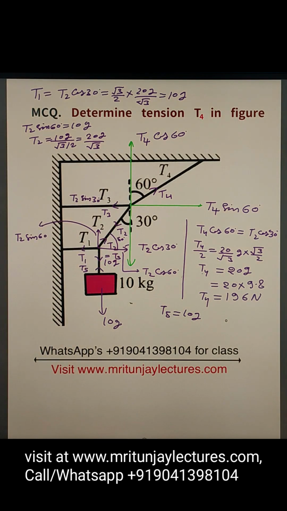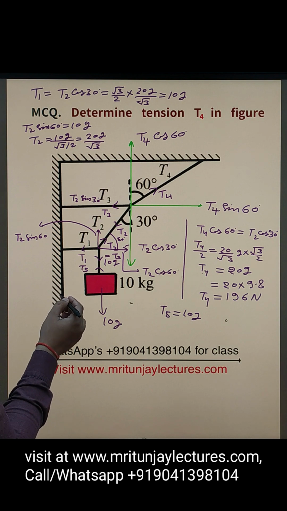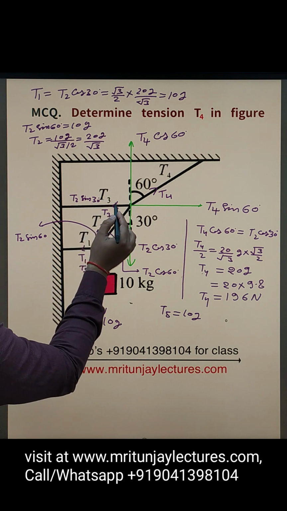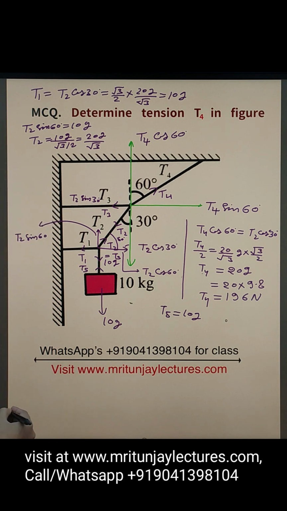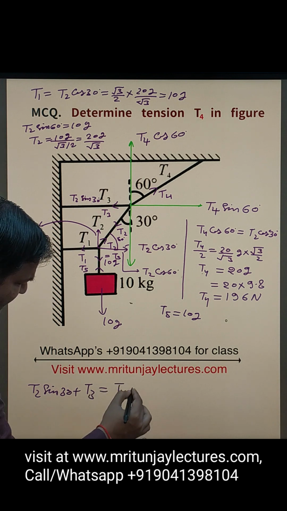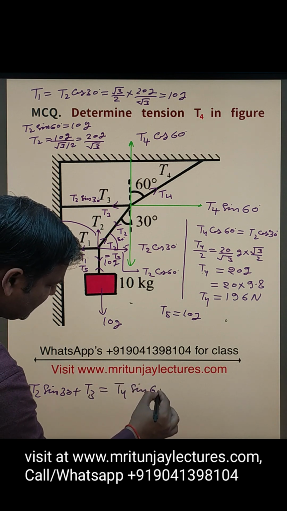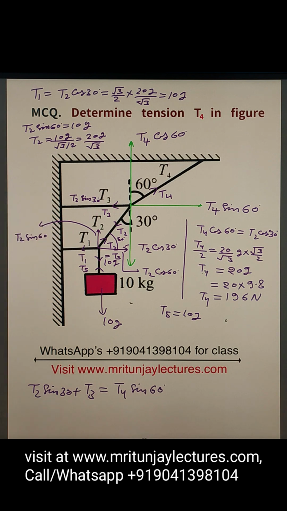Now, next target is if you determine T3. So T3 is written as here, if you see very carefully, component of T3 plus T2 sin 30, T2 sin 30 plus T3, this is equal to T4 sin 60. What about T2?